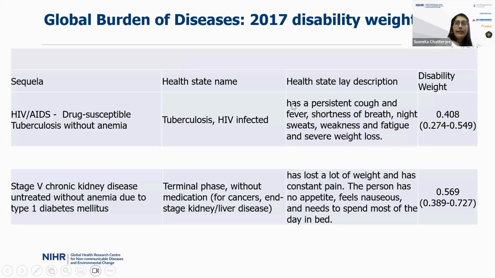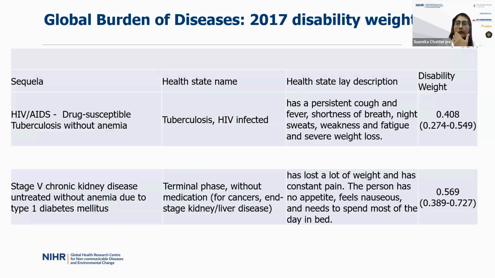I am showing you an example from the Global Burden of Disease 2017. This is because I got the Excel, so I am showing it this way. If you see HIV/AIDS, tuberculosis without anemia, so the case is like tuberculosis with HIV infected, they're saying the disability weight is 0.408.